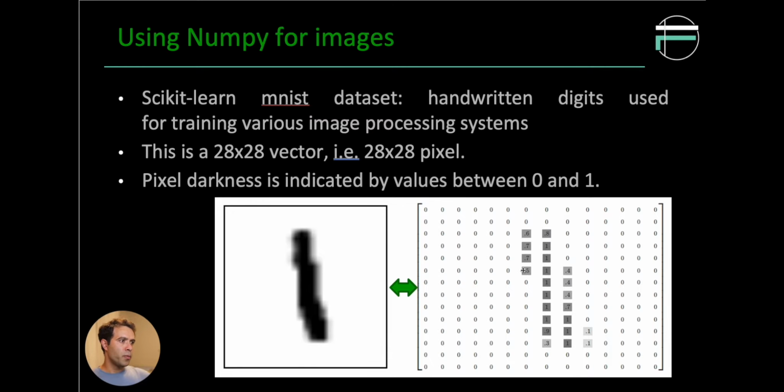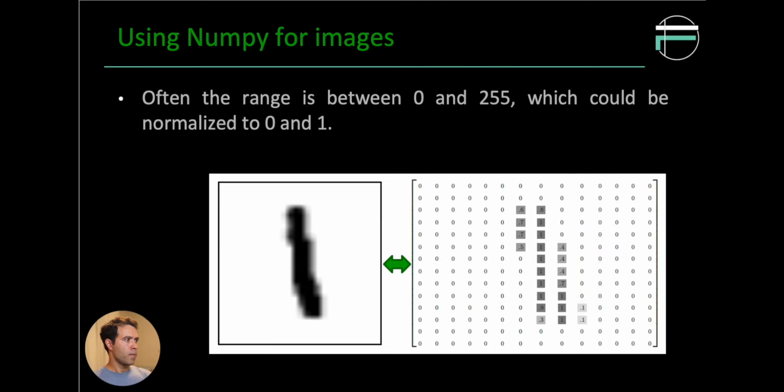Relating these two, you can see that pixel darkness is indicated by the values between 0 and 1. 0 is white, and 1, of course, is 100% darkness. Often the range we see for these kinds of images is between 0 and 255. Of course, this could be normalized to 0 and 1, but for the sake of visualization, it doesn't matter.